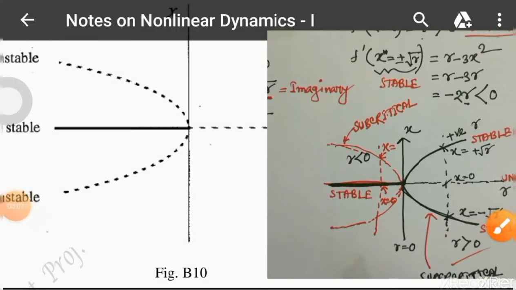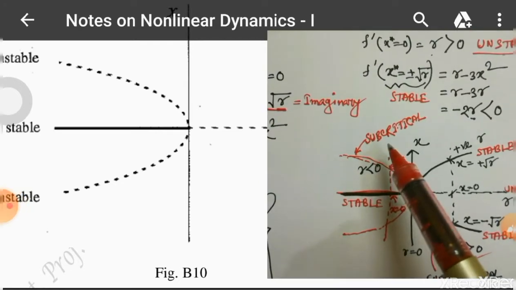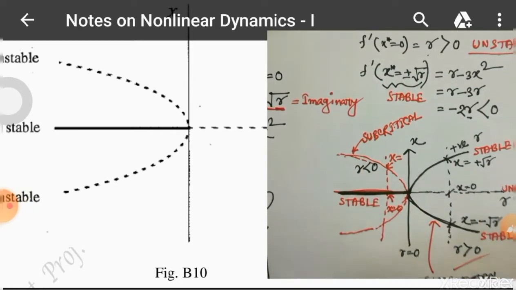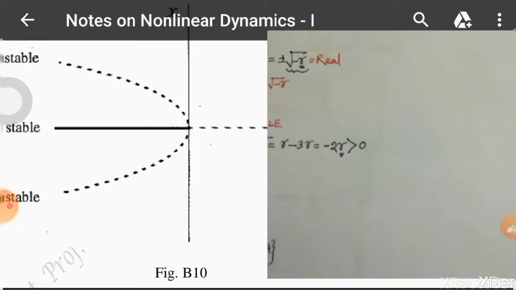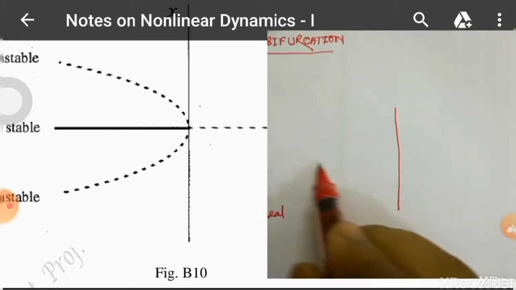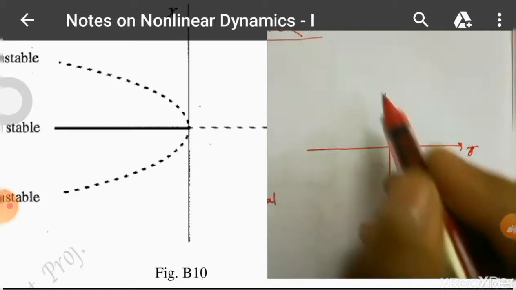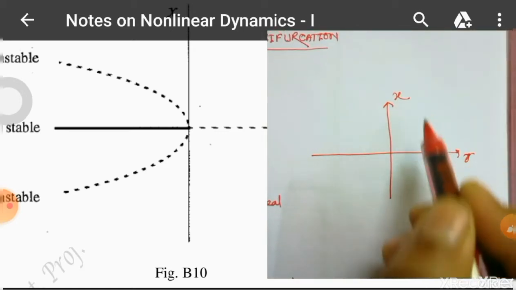Now let us explain the bifurcation diagram for subcritical pitchfork bifurcation only. For that, let me draw the bifurcation diagram again. So we will plot r along the x axis and x along the y axis.